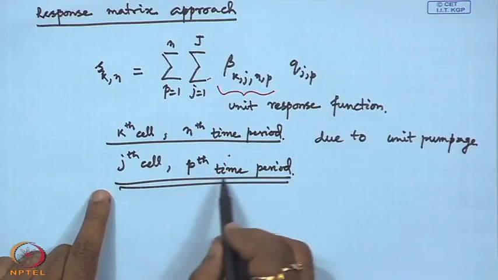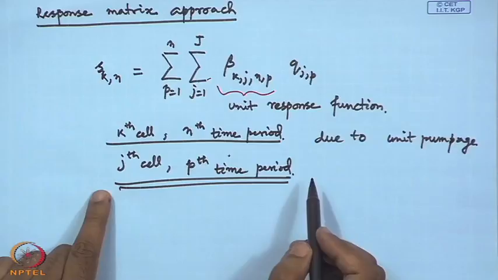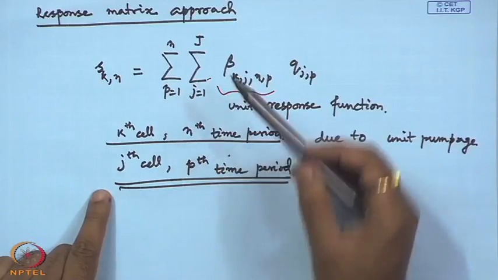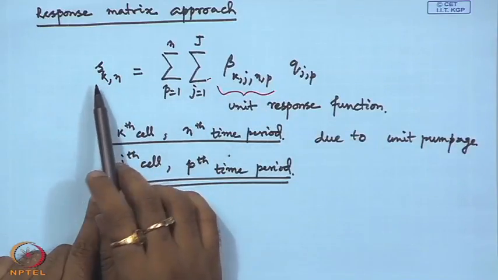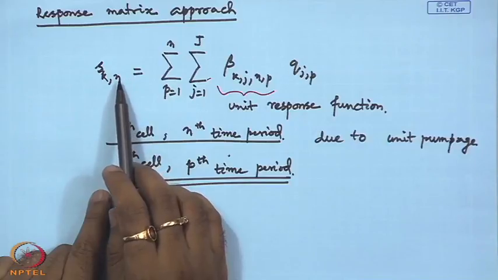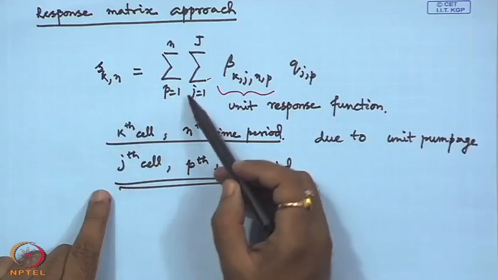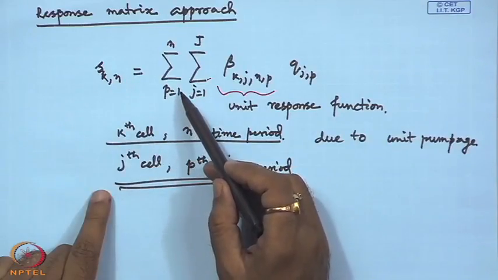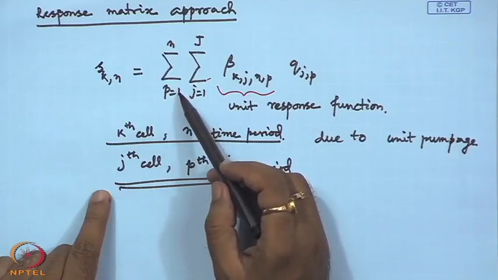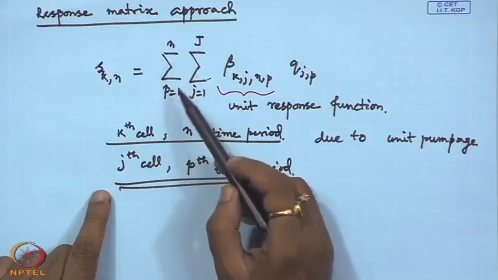during pth time period. So, for kth cell at the end of nth time period, we need to consider all time periods which are less than nth time period.